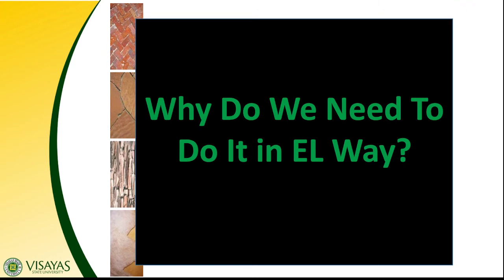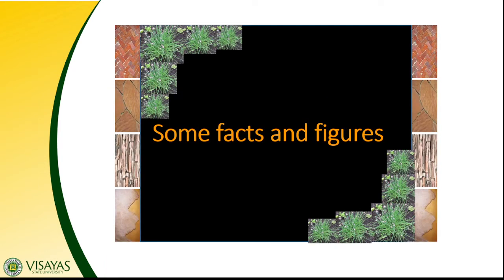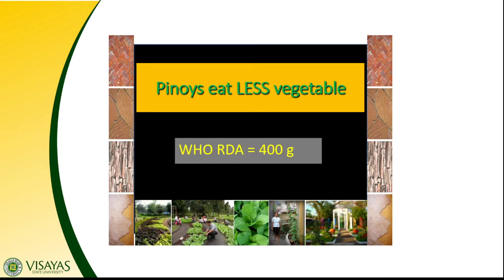And why do we need to do it in the EL way, or in the landscaping way? So we should know some facts and figures. We should know that Pinoys, or we Filipinos, eat fewer vegetables.